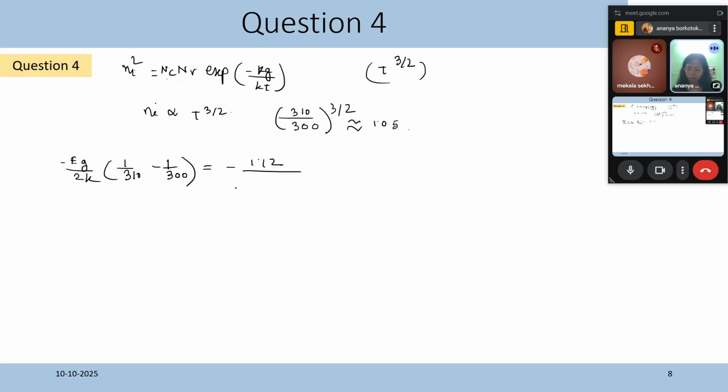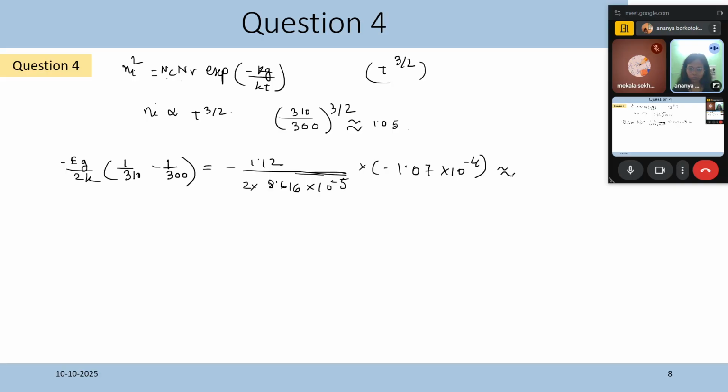Okay, so roughly let's calculate. So this is 2 into 8.616 times 10 to the power minus 5. This is the K constant, I mean the Boltzmann constant in electron volt per Kelvin. And this is minus 1.07 into 10 to the power minus 4.